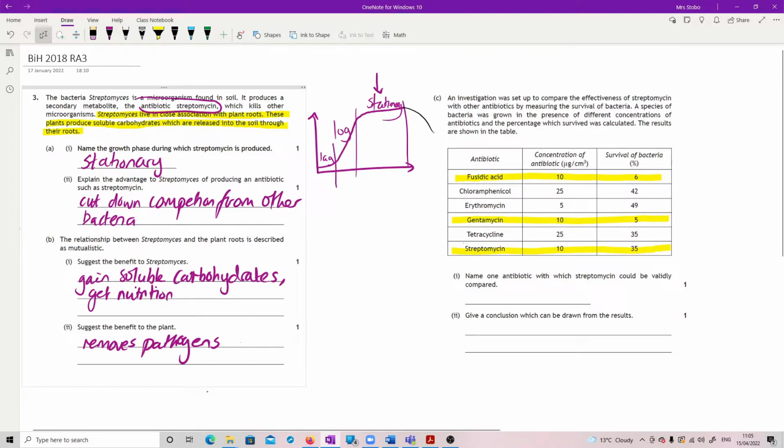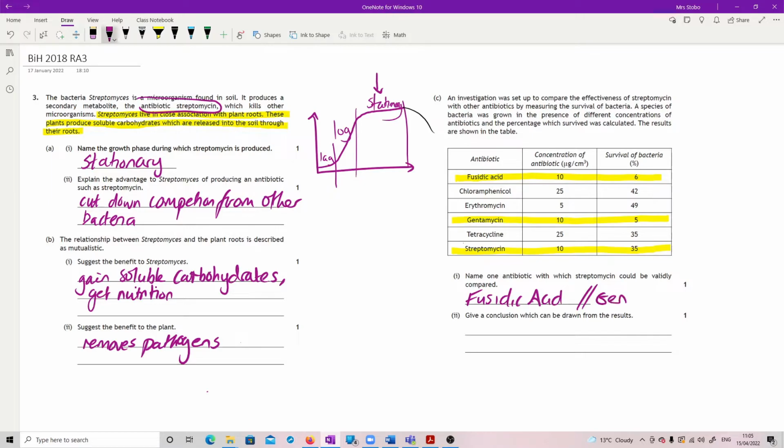Reliability would be how many times you actually did the experiment to get a trustworthy result. Are these two. And you're just supposed to give one of them. So you can either say it's fusidic acid, or you could give gentamicin. None of the rest are valid to compare because they have different concentrations.